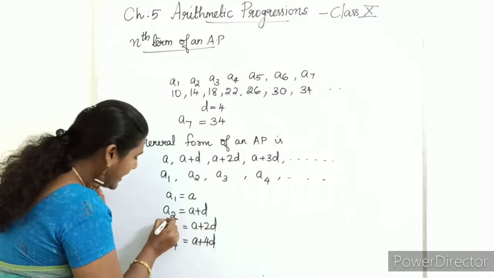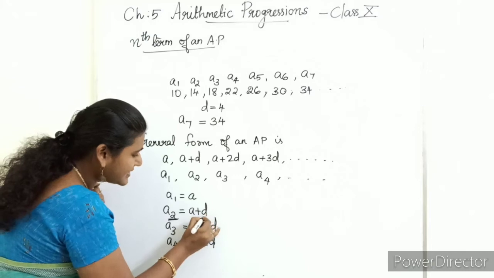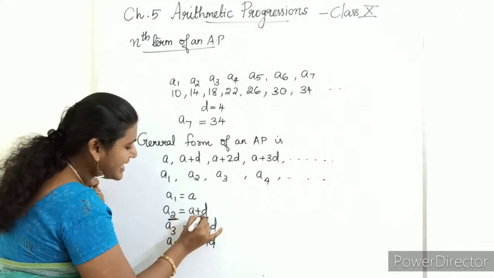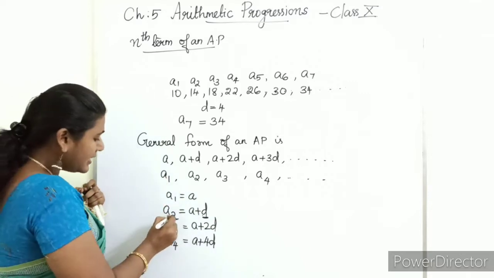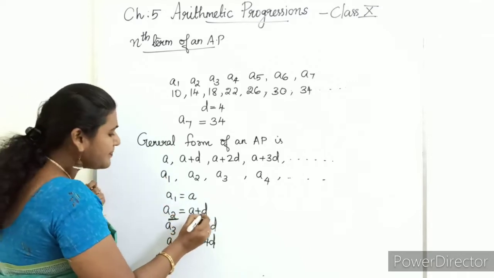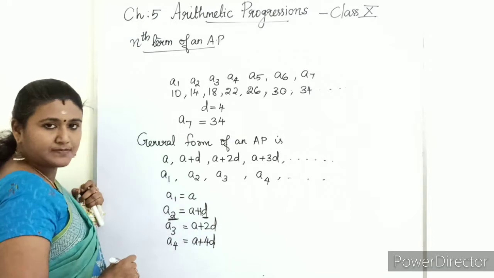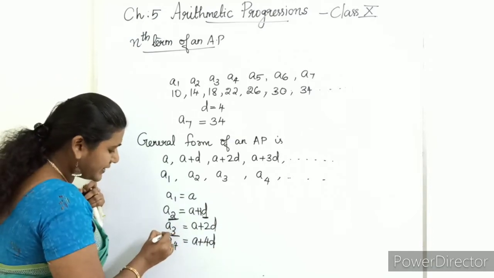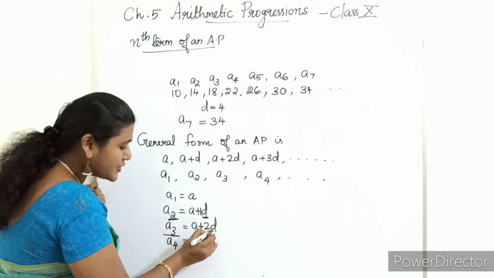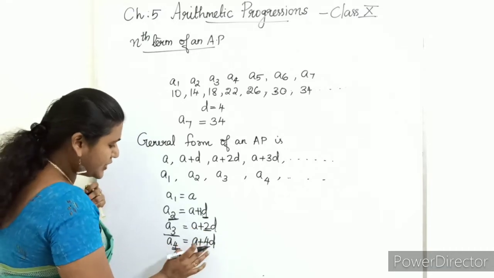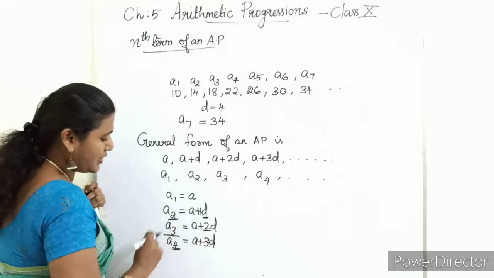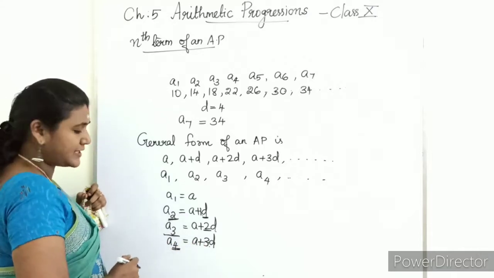Is there any connection between the number of terms and the coefficient of D? If you want to find the second term, the coefficient of D is 1. For the third term, A3, the coefficient of D is 2. For the fourth term, the coefficient of D is 3. Okay, A4 is equal to A plus 3D.